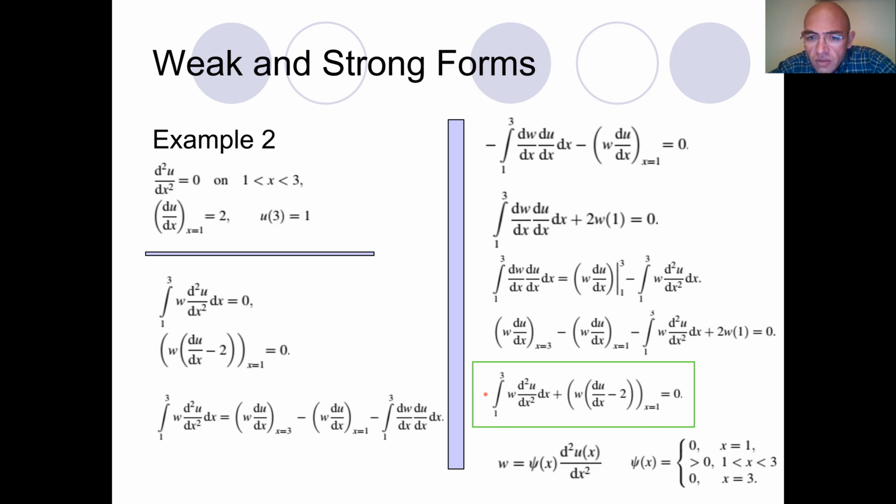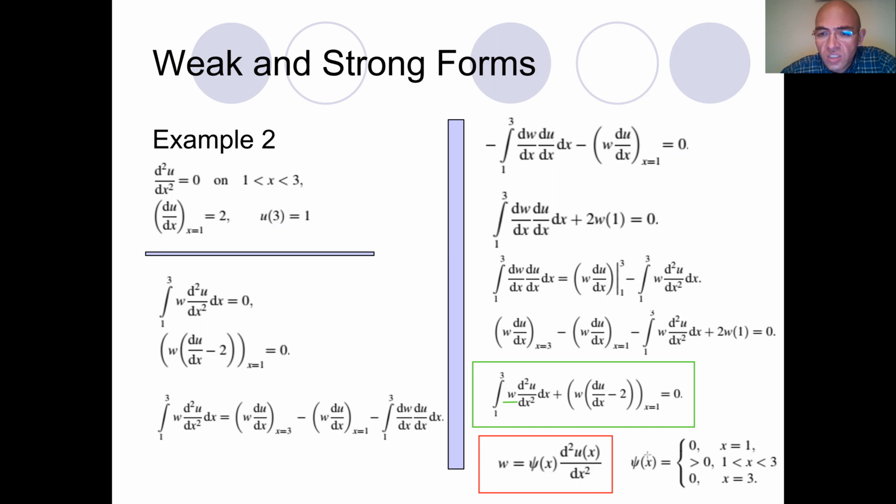Now the point is this: since w is arbitrary, the weight function is arbitrary, I can choose any function for w. Now I made a choice. I choose such a function, so w is equal to some function phi(x) d²u/dx².